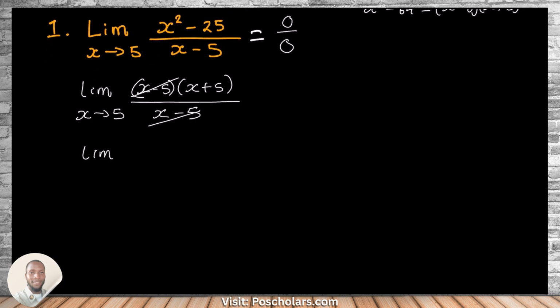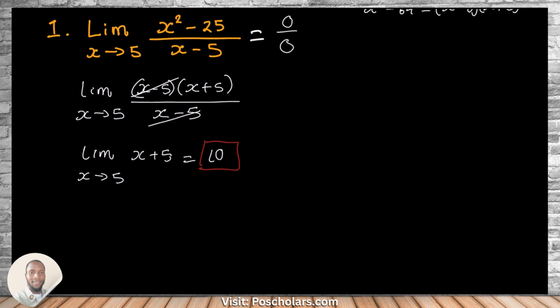So we have the limit of x plus 5 as x tends to 5. Now the next thing to do is to substitute the value of x, which is 5, into this function. So we have 5 plus 5, and the answer gives 10. This is the final answer.